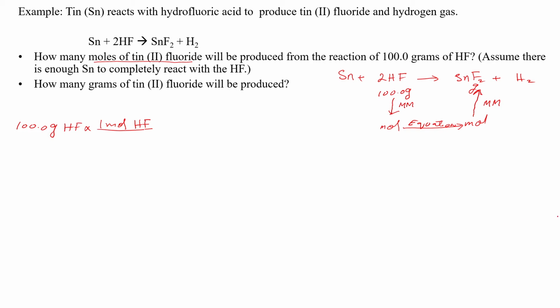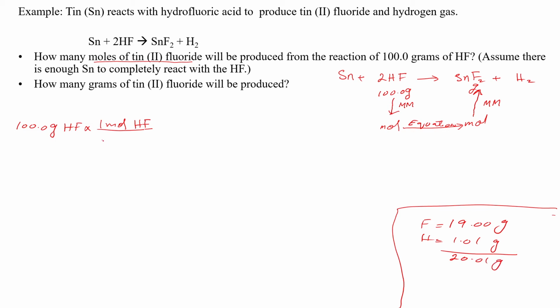Let's do this scratch work on the side. Fluorine is 19.00 grams. Hydrogen is 1.01 grams. So the molar mass is going to be 20.01 grams. So 1 mole of hydrogen fluoride is 20.01 grams of hydrogen fluoride.